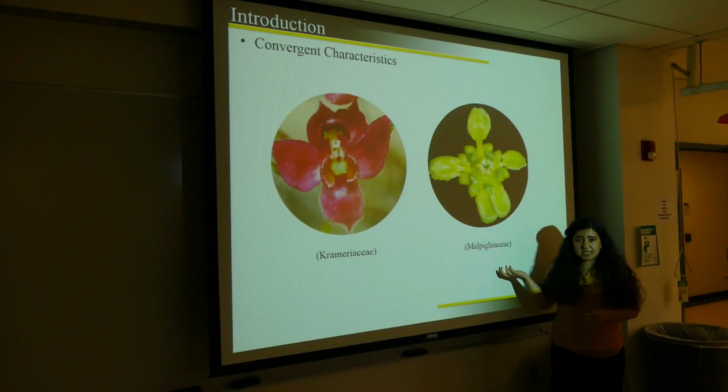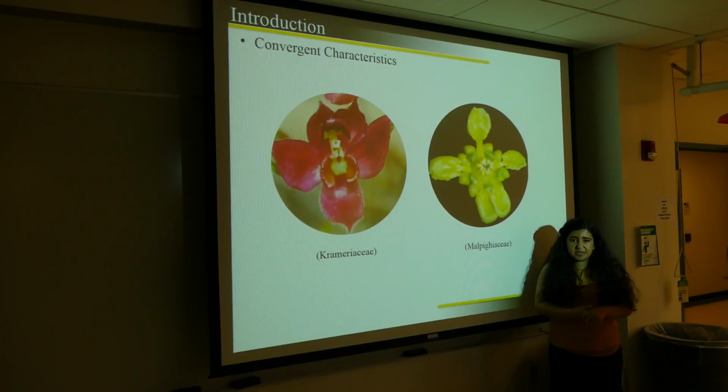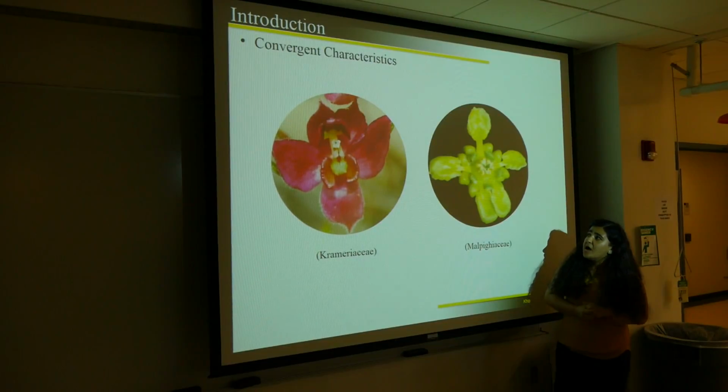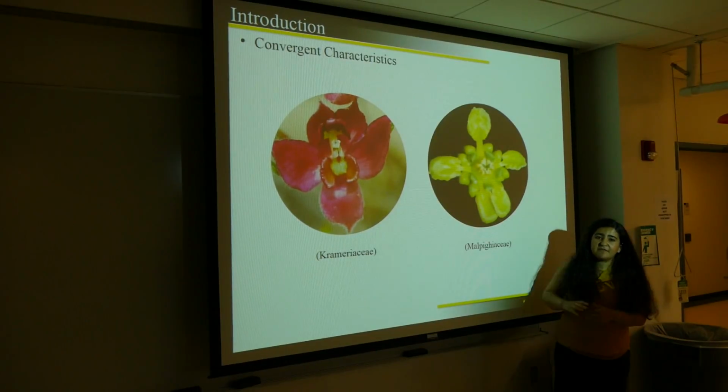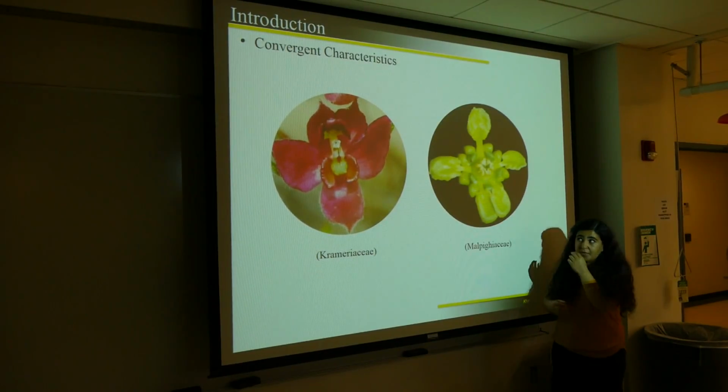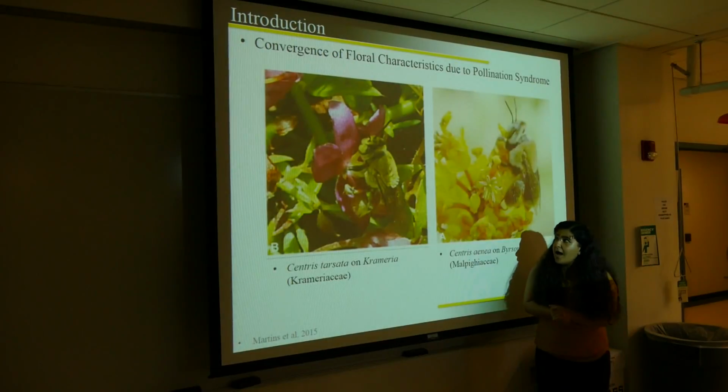It's one of the largest families of flowering plants, with nearly 1,300 species. They're also restricted to the neotropics, which means the Americas, but they have some species that have traveled back to Africa and Asia. And the unifying characteristic is that they also have a single plane of symmetry. So they both have bilateral symmetry.